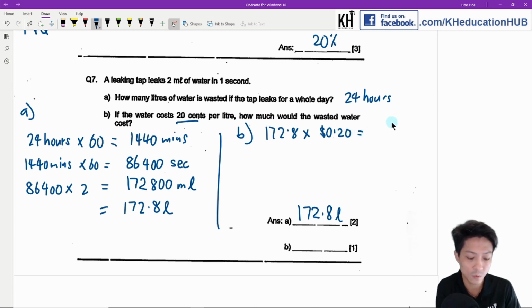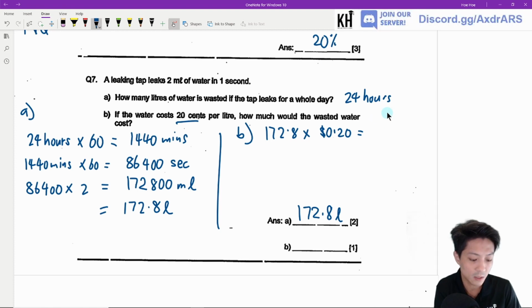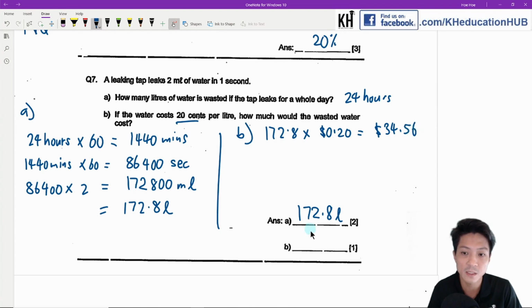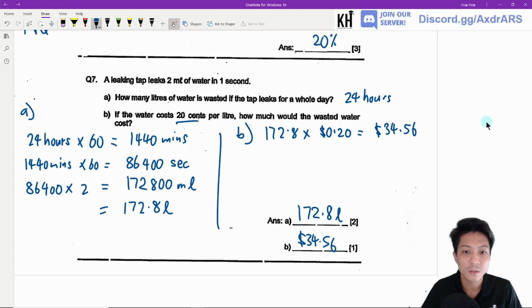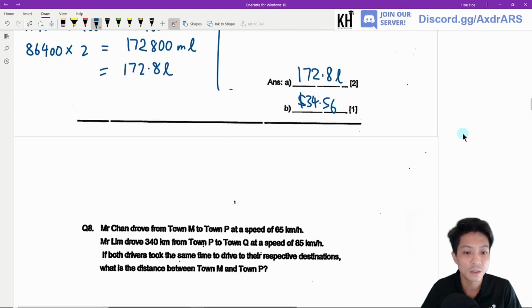So 172.8 times 0.2, that would be $34.56.